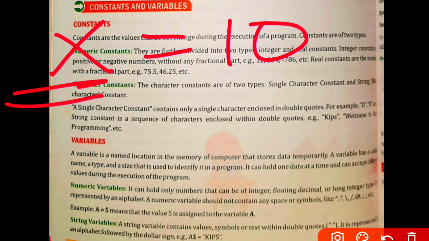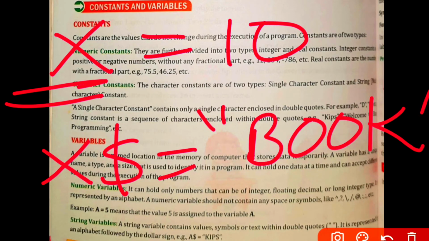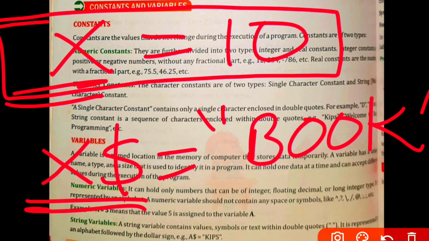And when I gave you another example, that is x dollar is equals to book, here in this equation, x dollar is a string variable. So this format also you have to keep in mind. Always keep in mind that when you are simply assigning a numeric value to a variable, it will be like this: x is equals to 10 or y is equals to 100 or z is equals to 23.